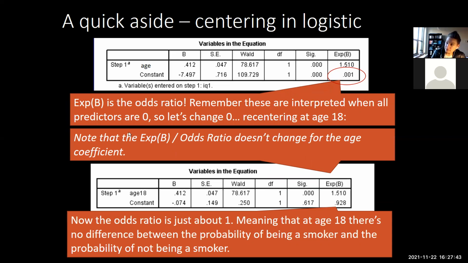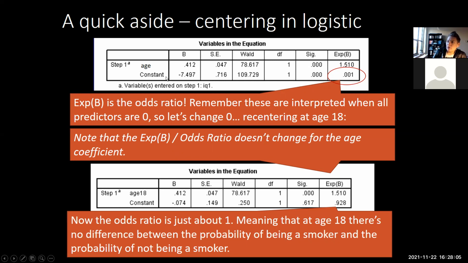Remembering that we're interpreting all of these when all predictors are 0, what I'm going to do is recenter age from regular age in years to age 18, which is when, at least in the US for a while, when this data was collected, you had to be 18 to purchase cigarettes.